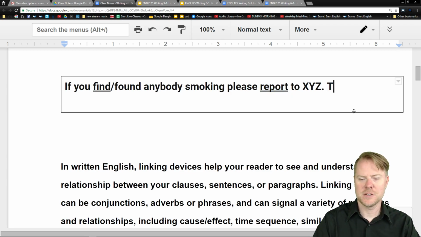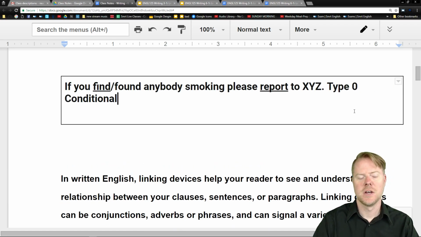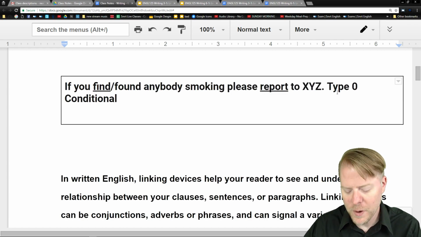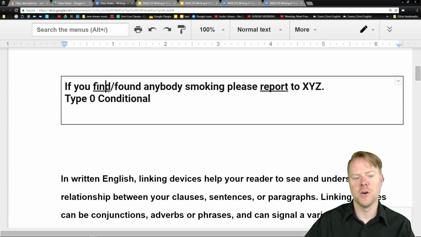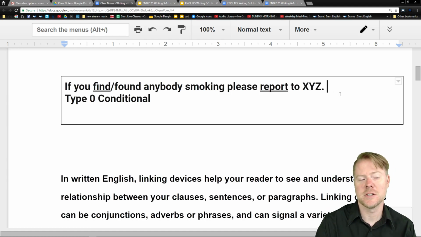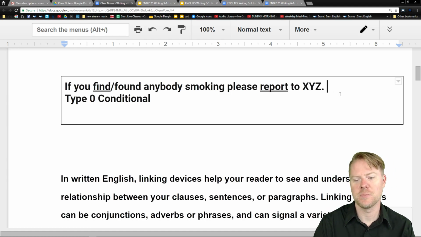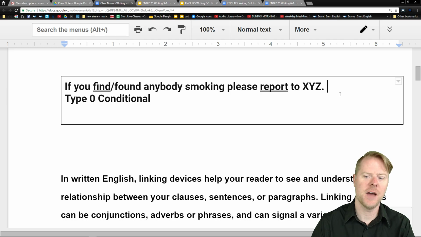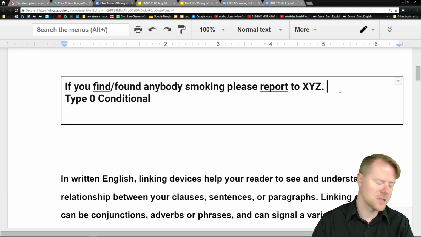So we can call this type 0 conditional. This will always be true. It's a rule, it's a request. If you find anybody smoking, please report to XYZ. It's factual. It's not imaginary. It's not hypothetical.